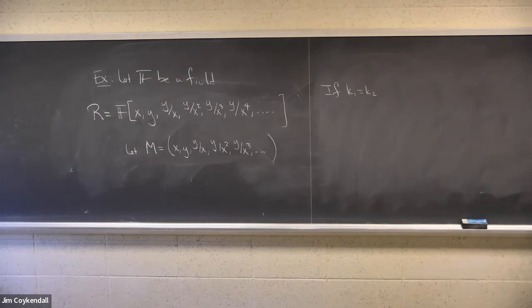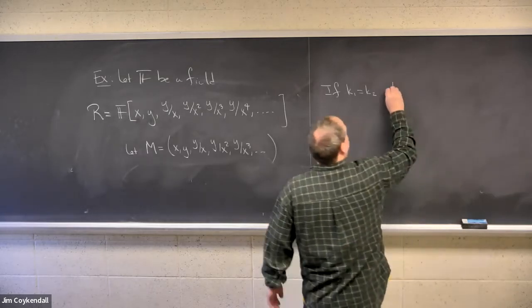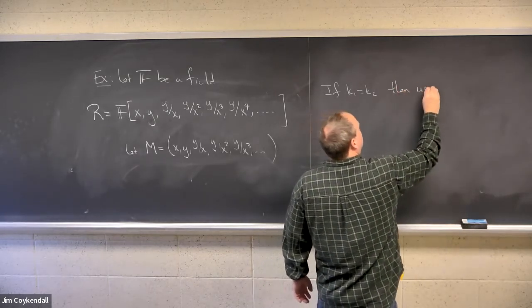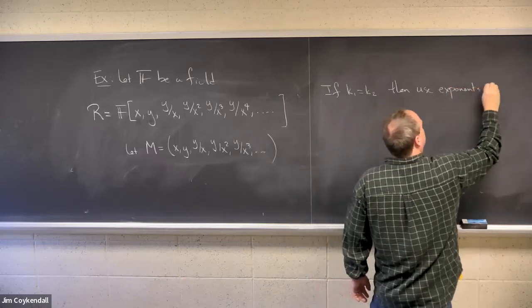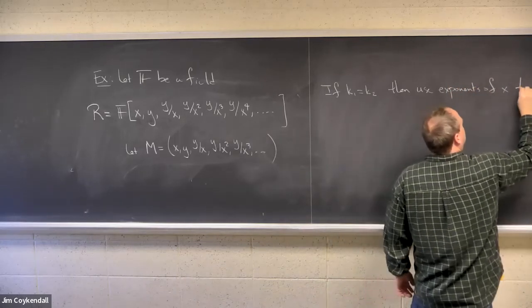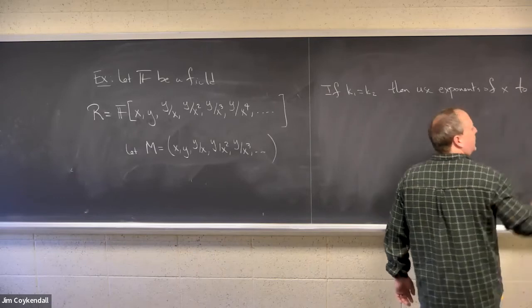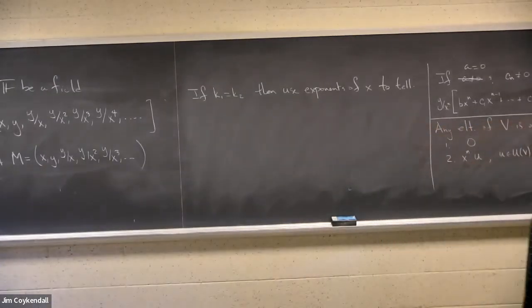Then you go to the x. This is a lex graph order. If you have a tie in the exponent on the y's, look at the exponent on the x's, whichever one's smaller.